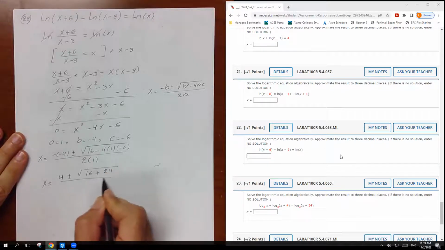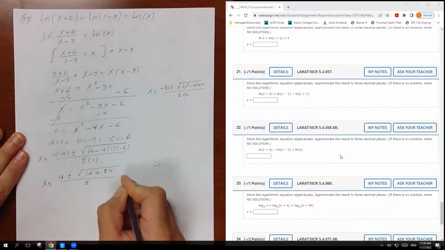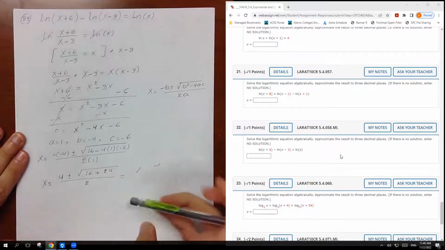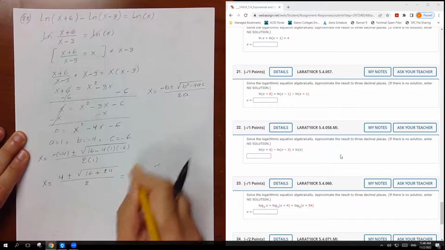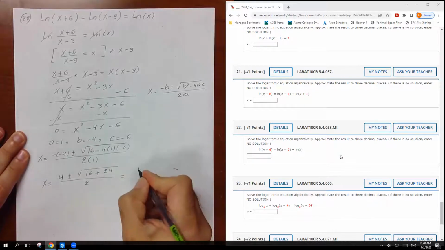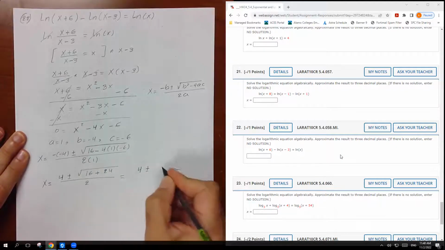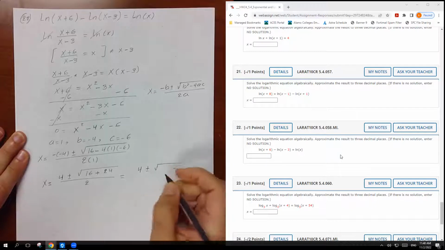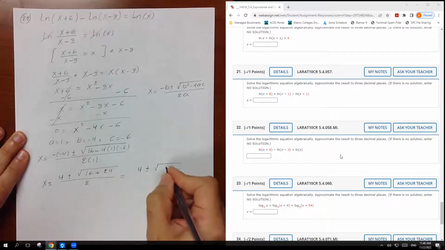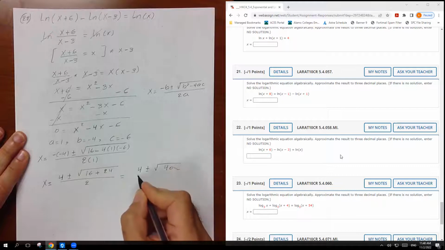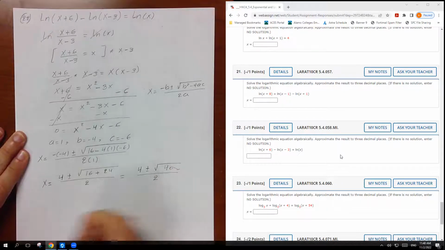This one is going to be equal to 4 plus or minus the square root of 16 plus 24, which is 40, over 2. So x is going to be equal to 4 plus or minus the square root of 40, which is 4 times 10, over 2.